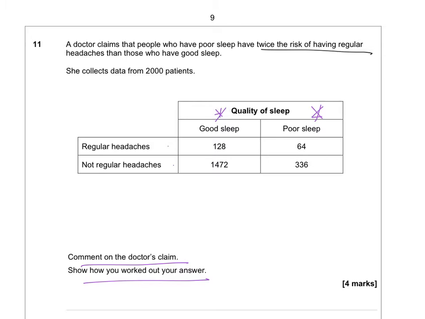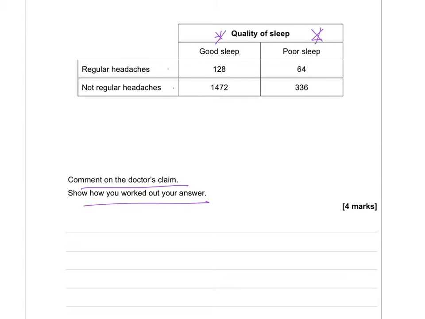So, this is a question that involves comparing data, and we're going to do this using percentages. So we're first of all going to look at the people who have good sleep from this column here. Now, if we look at the total number of people in that column, this comes to a value of 1,600.